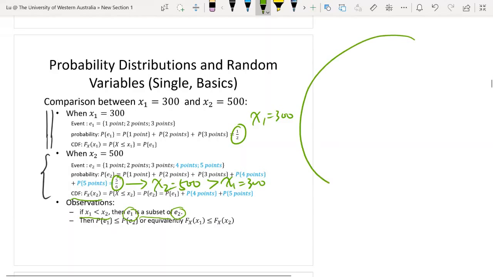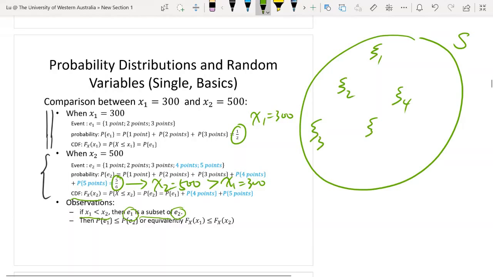Okay, if this is still not clear, let's just do a graphical representation. We define the sample space given here, which contains the 6 outcomes Z1, Z2, Z3, Z4, Z5, and Z6. And when the x parameter is equal to 300, we know the event E1 will contain only these 3 elements inside.